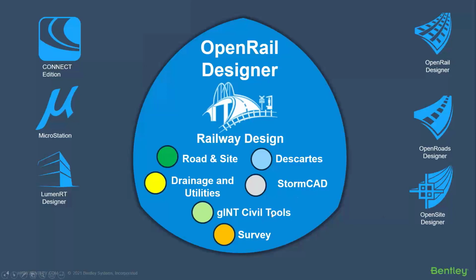Okay, and then if you have the need to add in your geotechnical data, showing it alongside your rail alignment, okay, or project, then we have the gINT Civil tools as well. So all in one package, including, of course, the visualization tool called LumenRT, which comes for free for every install, okay, or license of OpenRail Designer.